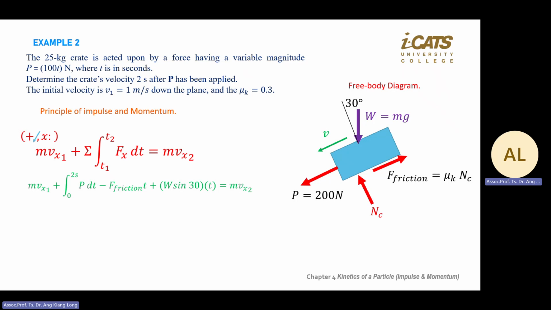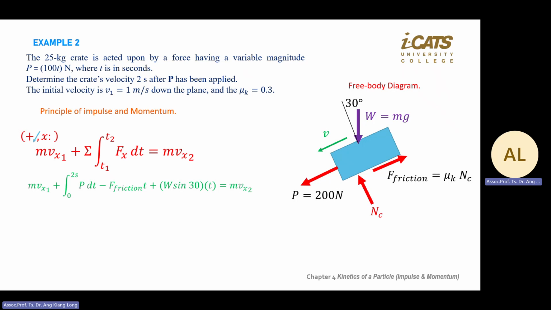Okay, but in x, you have the P parallel to the surface, so you need to split your W into x and y. So in your x direction, you have P, you have friction, and also W, what? W sin 30.